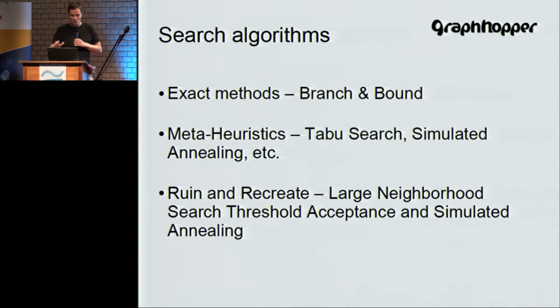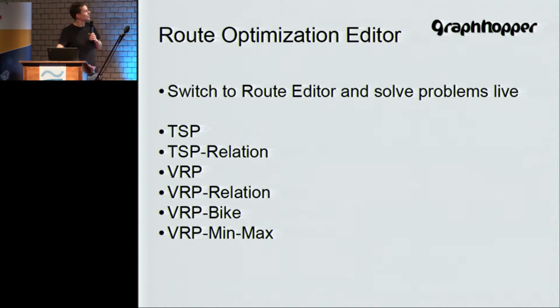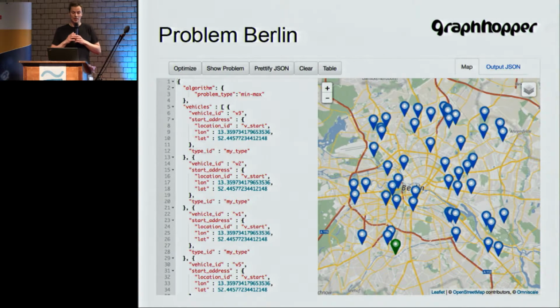But I don't want to go too much into the details of optimization. I just want to show you the variety of problems we can solve with our optimization API.